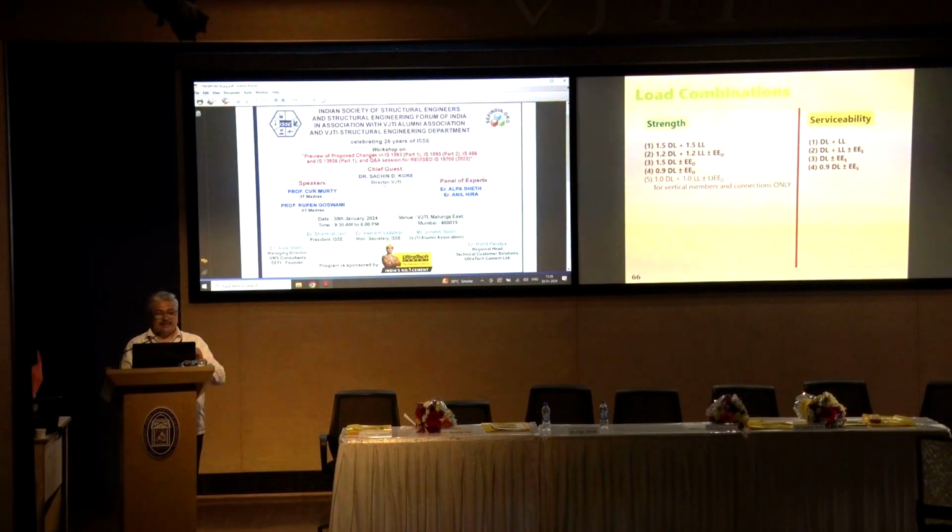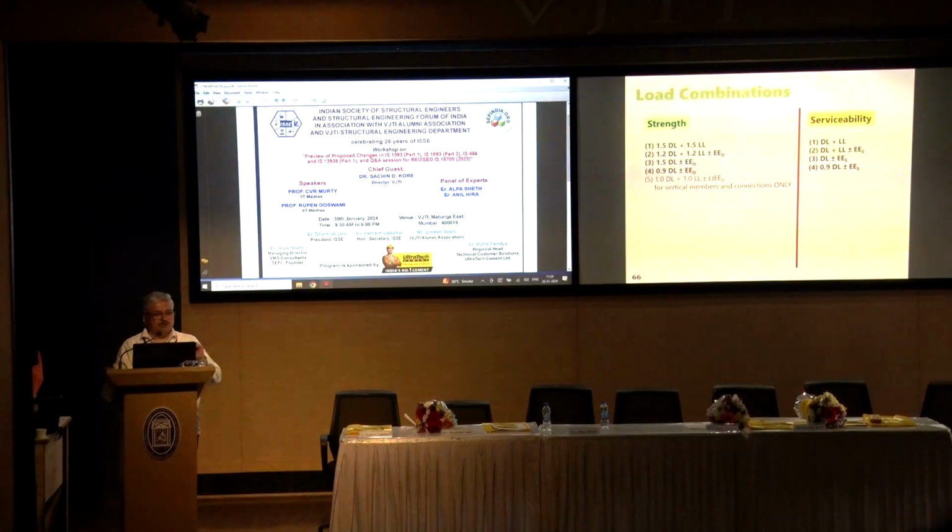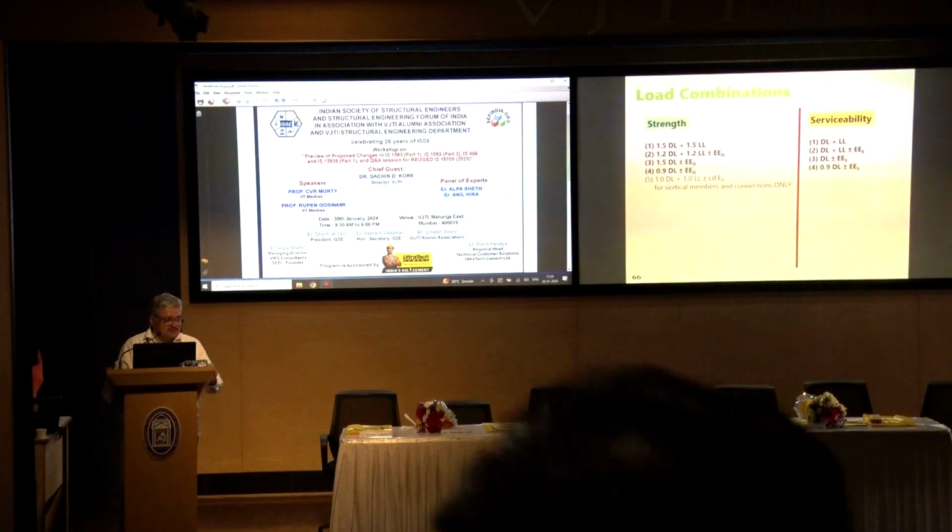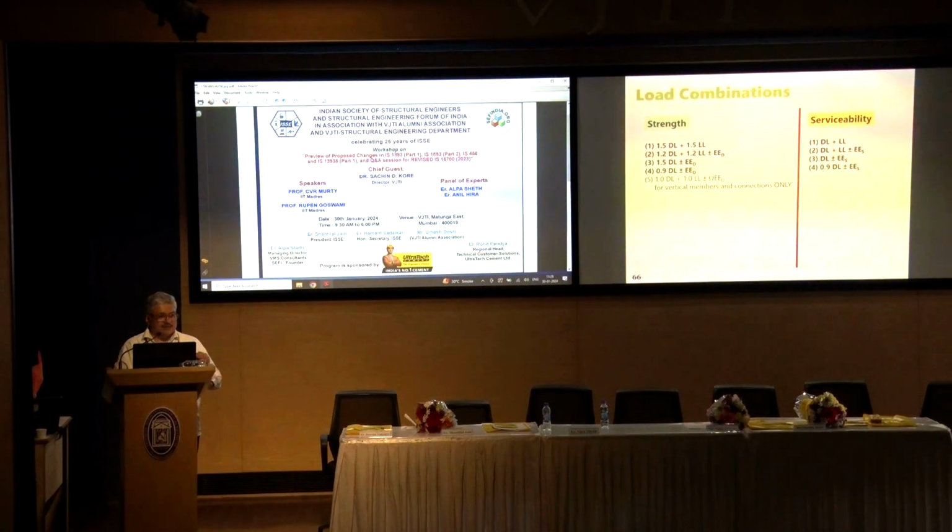That's the first part. The second important thing that you must note here is that in the load combinations, we do not have anymore a load factor of 1.5 or 1.2 and so on associated with the earthquake load. Why? Because, and we are going to discuss that in detail next, essentially you can say that today, after doing this hazard analysis, we have confidence in our hazard estimate.